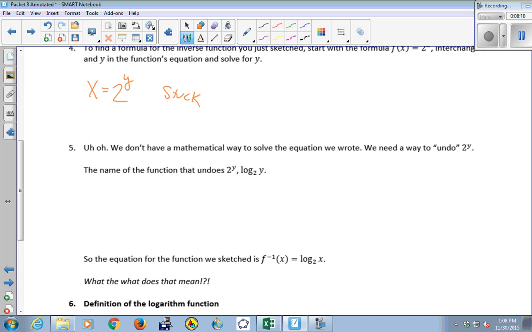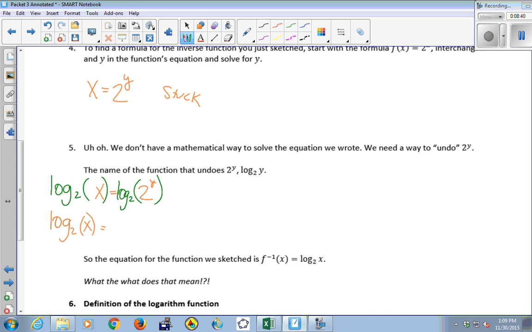All right, so go back up here to x equals 2 to the y. And I'm going to take log base 2 of both sides. Log base 2 of the left, log base 2 of the right. So on the left, I get log base 2 of x. And log base 2 and 2 to the y undo each other, right?